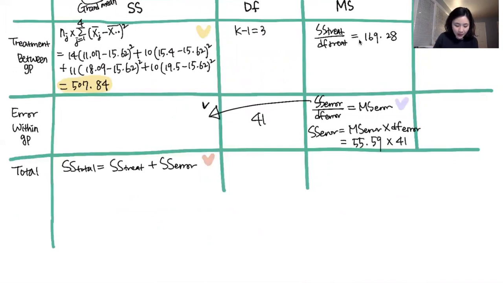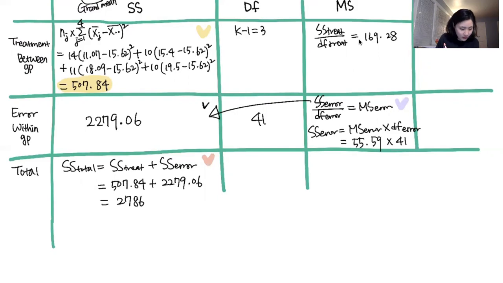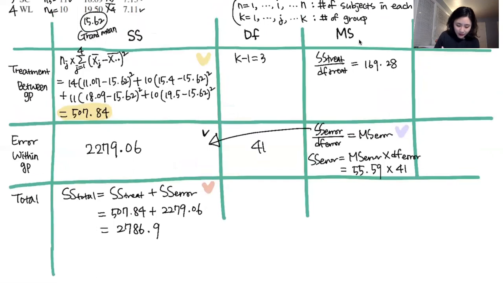My sum of squares error is 55.59 times 41, which is 2279.06. So my sum of squares total is 507.84 plus 2279.06, which is 2786.9.